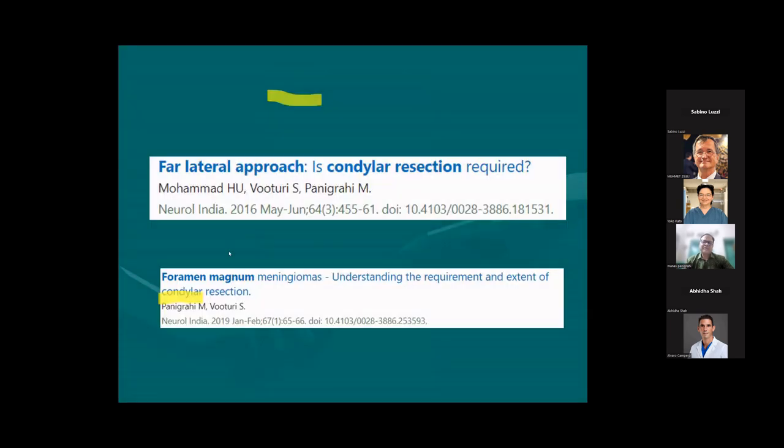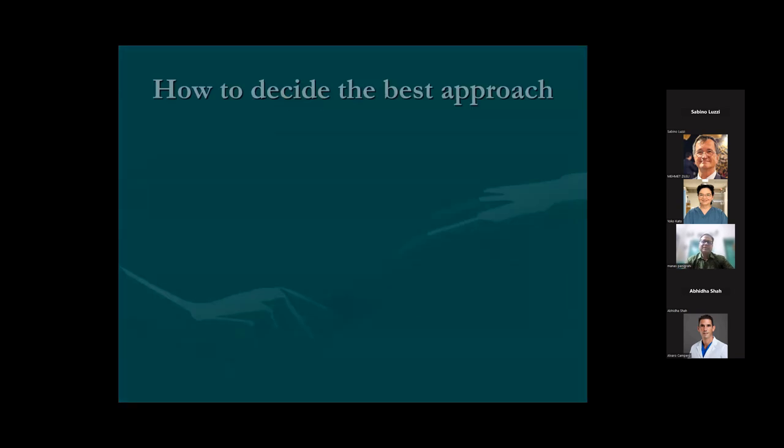We also published our results on the need for condylar resection, and over a period of time we realized that condylar resection is not required, and most tumors can be done through a posterior approach. One has to understand the need for condylar resection depending on the extent and the consistency of the tumor.